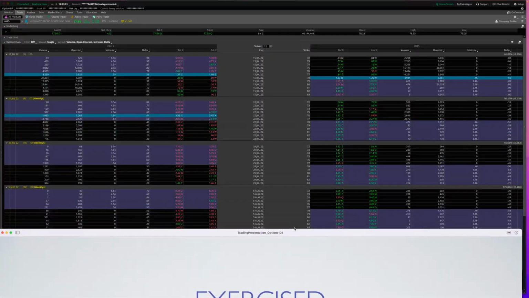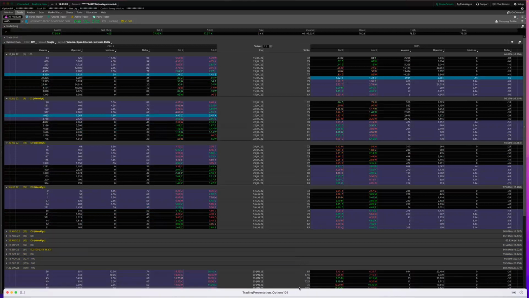So if you let an option expire, most option traders will close their trade prior to options expiration.